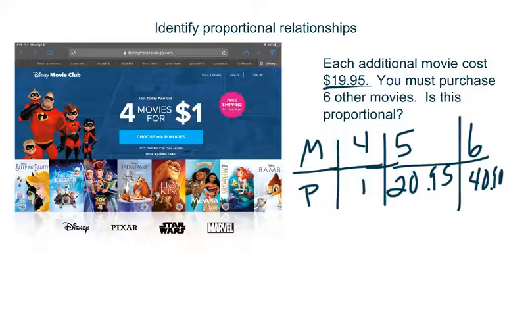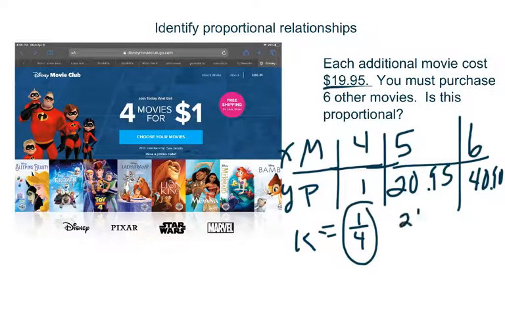So you're about $6 a movie. That's still a pretty good deal, but with all the streaming services, it might not be worth it, and so on and so forth. So it's just a consistent value. Basically, this is your X value, this is your Y value, and you want to find what the K value is for each of these. That is 1 over 4 for the first one.